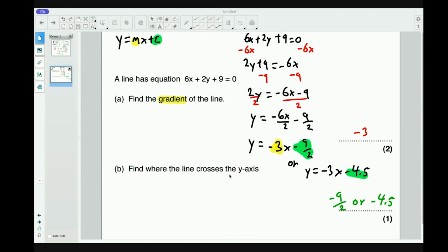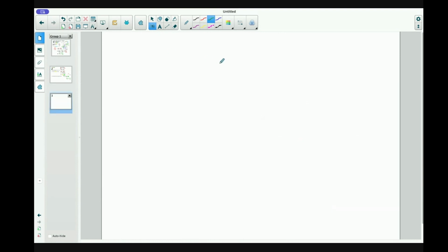Okay, so what we're going to do next is take a look at what happens if we're just given different characteristics of the graph instead, and we're going to have to come up with an equation based off those characteristics. I'll do one more with you before I set you off to do some practice on your own.